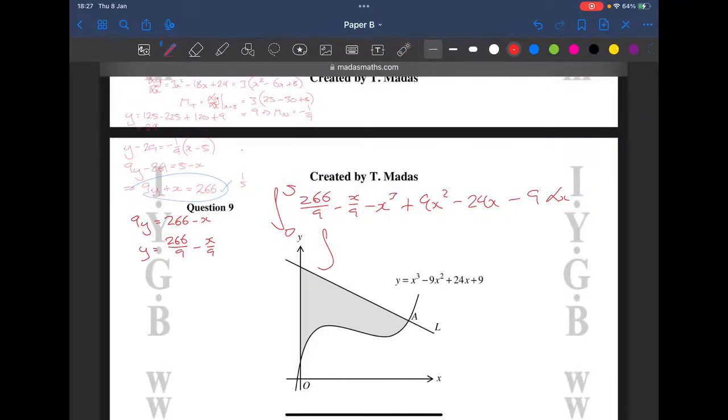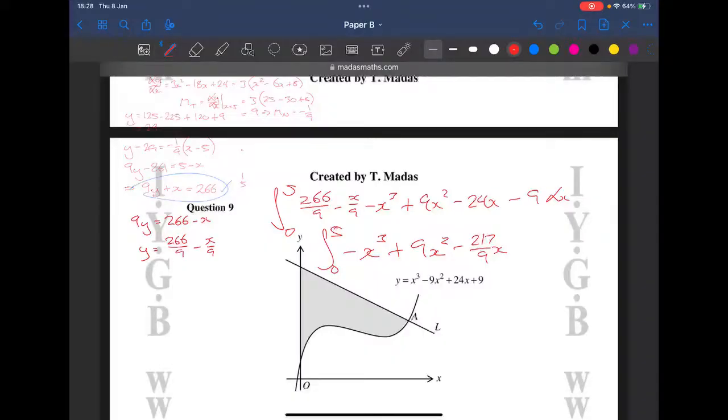So what do we get? Let's start with the highest power still, x cubed. We still have the same limits as well. The 9x squared, that's not affected. So now we have negative 9x, so negative a ninth of x, and another negative 24. That gives us, in the calculator, negative 217 over 9 lots of x.